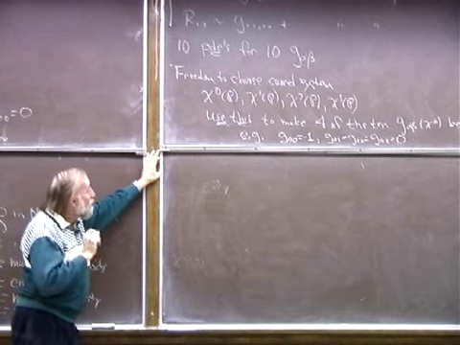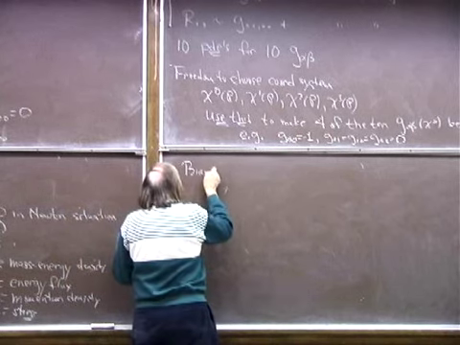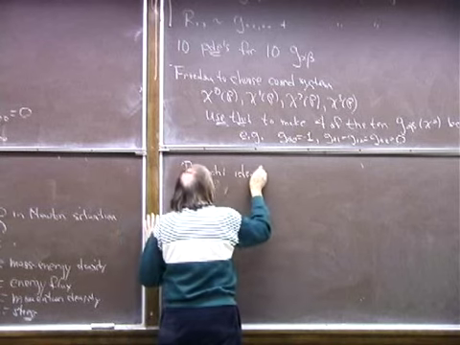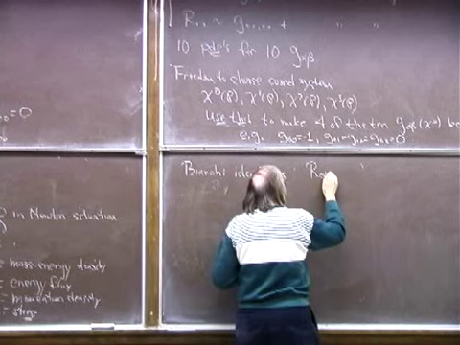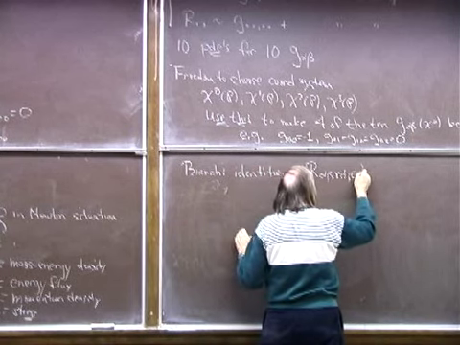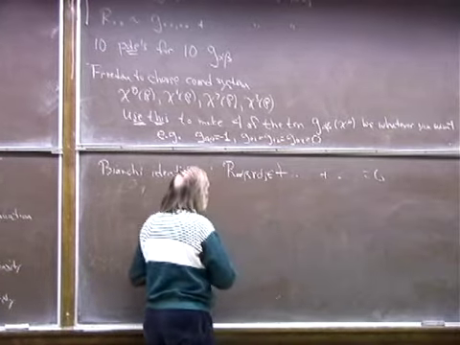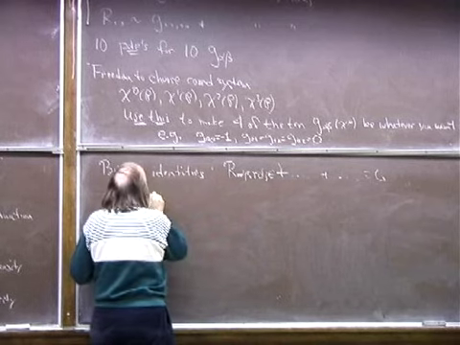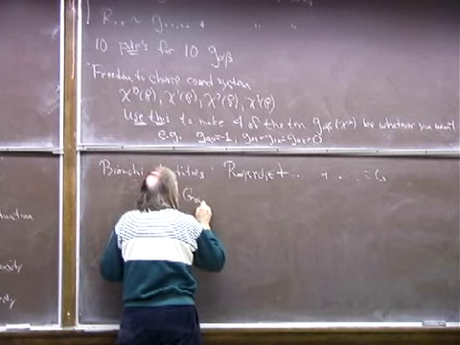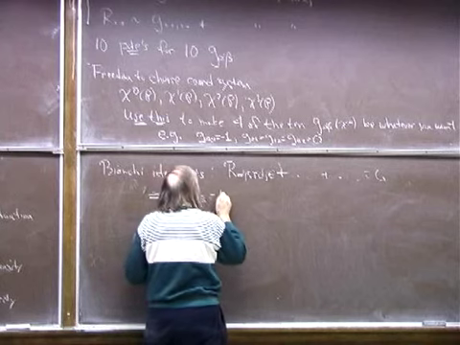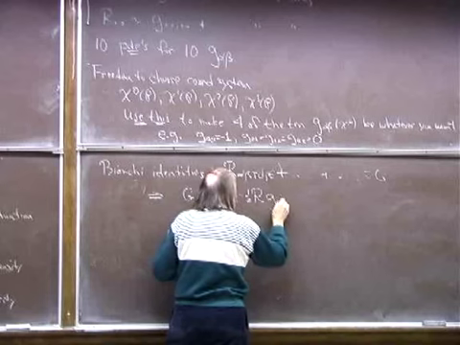And the answer is the following, that by virtue of the Bianchi identities, which I mentioned to you before, which say R alpha beta gamma delta semicolon epsilon, plus 3 terms like this where you're permuting the last 3 indices. It turns out that this implies that if I define something that is now called the Einstein tensor, which is the Ricci tensor minus 1/2 the scalar curvature times the metric.